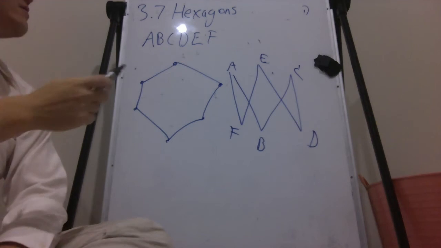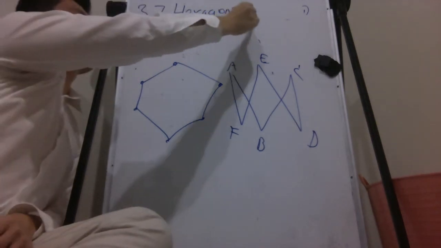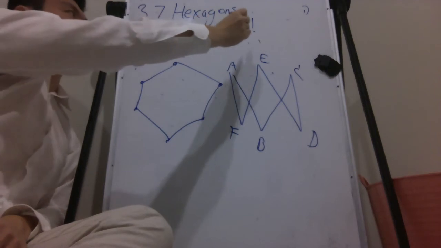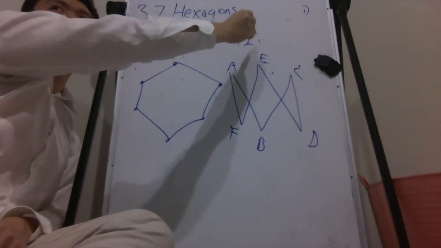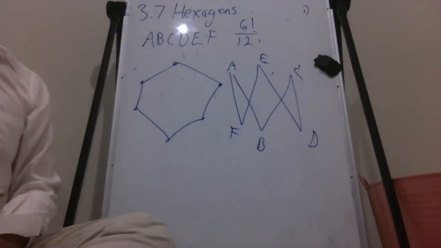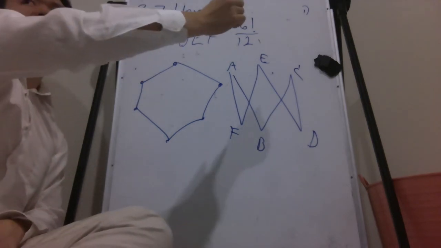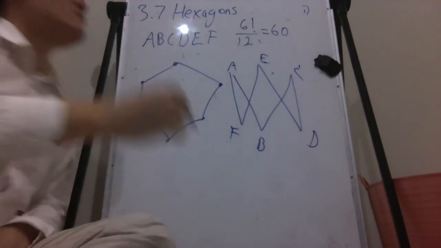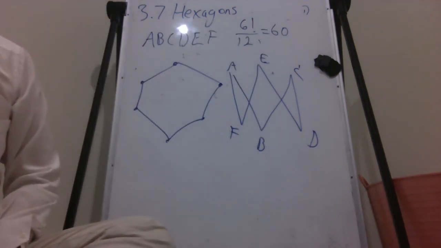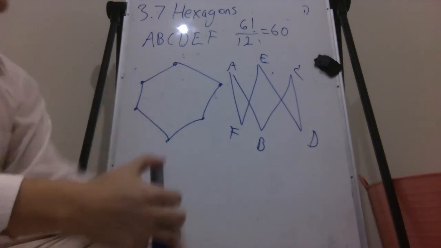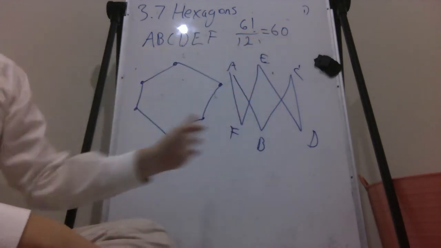We said there were 6 factorial ways to start labeling the points, but 12 of the labelings are the same, because the lines would look the same. So there are only 60 different hexagons you can get with 6 points.